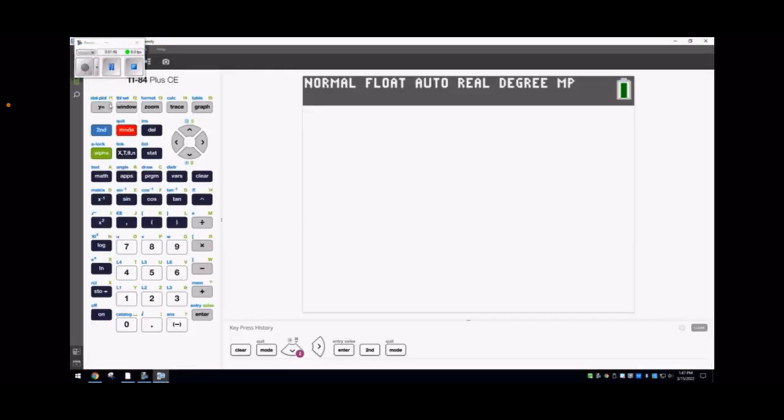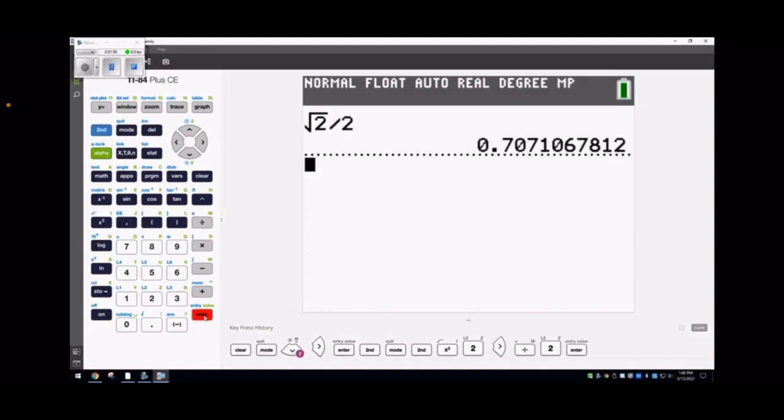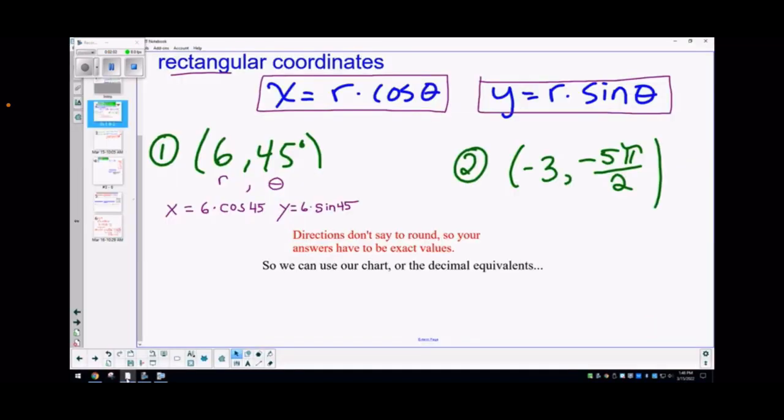So as you see, I'm going to the calculator, and what I'm doing is I'm just typing in our exact values, the square root of 2 over 2, which we get from our chart.